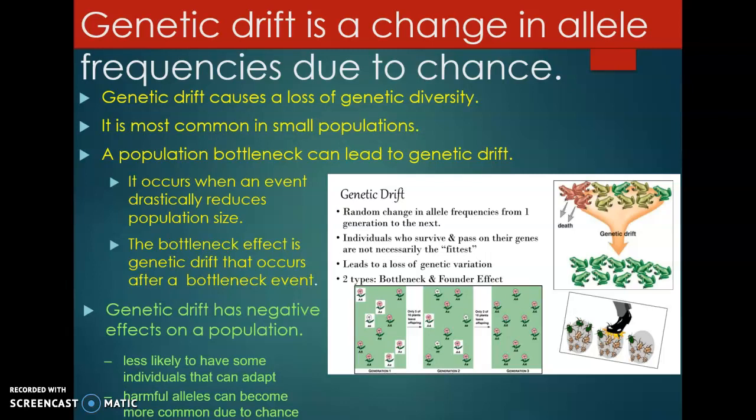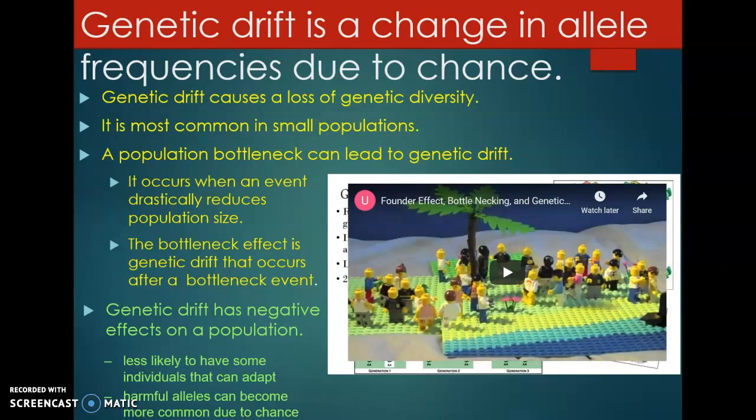And this may lead a population to have less variation, which is not good and will lead to less success. All right. Now, I've got a little video clip for you to look at on your own about genetic drift, bottleneck effect, and the founder effect. But I will say that if you're using some type of earphone with this one, you might want to be careful because parts of it get really loud.